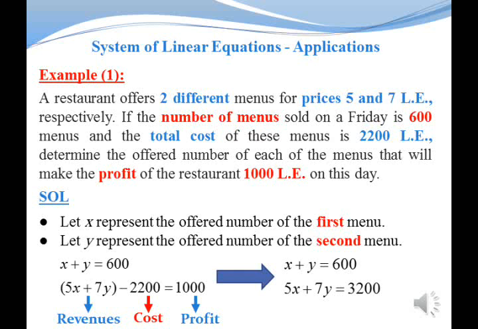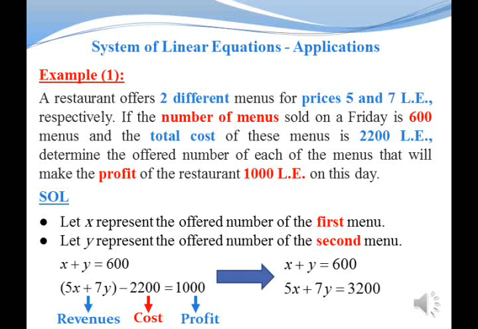Because x represents the offered number of the first menu, and y represents the offered number of the second menu. So if the number sold on Friday of both menus is 600, this means that x, which is the number of the first menu, and y, which is the number of the second menu, their addition will give me the 600. This is our first equation.